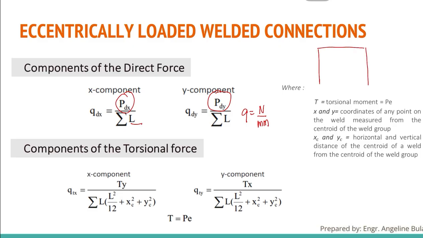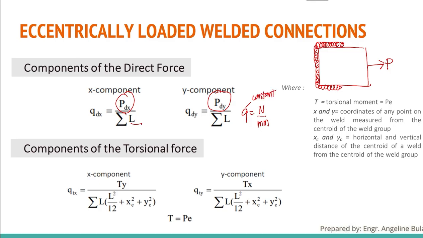So, let's say for example, meron kang plate, then connected siya to another material by the welds. So, nandito yung longitudinal and transverse welds. Then, may direct force ka na P. So, yung Q dyan is always constant.